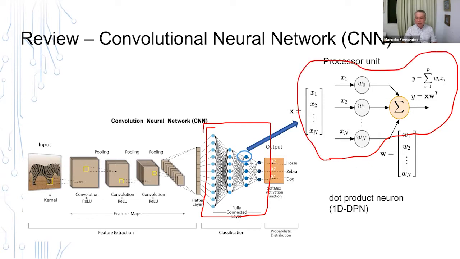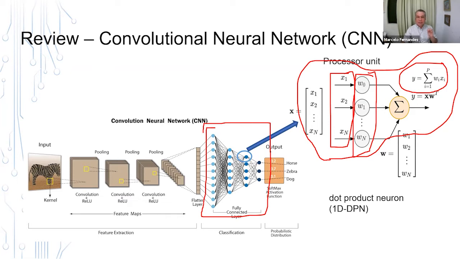I call it a 1D dot product neuron. It's a dot product of the weights and the inputs.